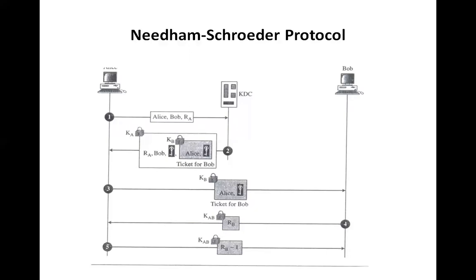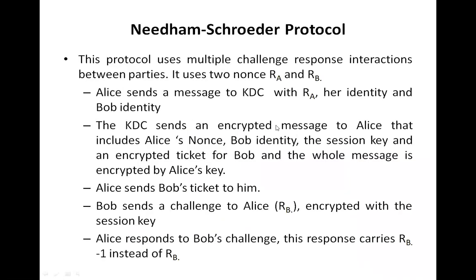This is the illustration in which we have two parties who want to be in conversation, and this is the authentication server which is going to authenticate. For this purpose, the sender sends its identity along with the identity of the server with which it wants to work, along with a random number called a random nonce.